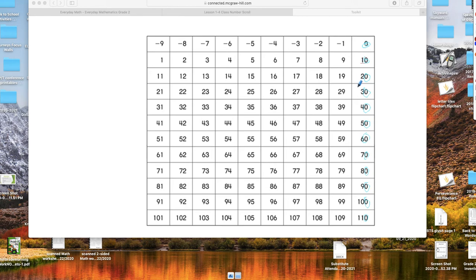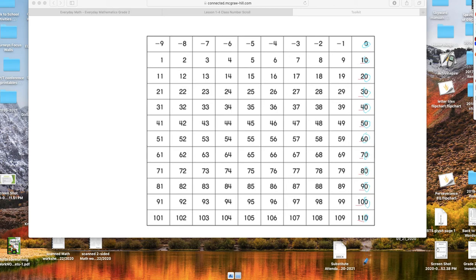1, 2, 3, 4, 5, 6, 7, 8, 9, 10, 11, if we kept going, 12, 13.